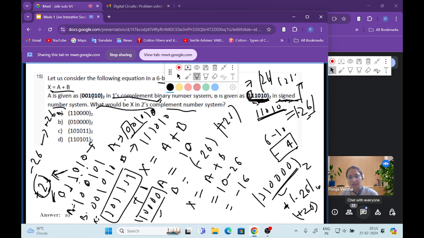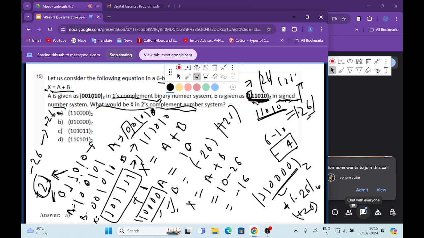So add these two numbers. X is equal to A plus B. We have got X, right, after adding in ones complement. Now it is in ones complement form only, but here we need X in twos complement form. So that's why we add 1 to the ones complement in order to make it twos complement.